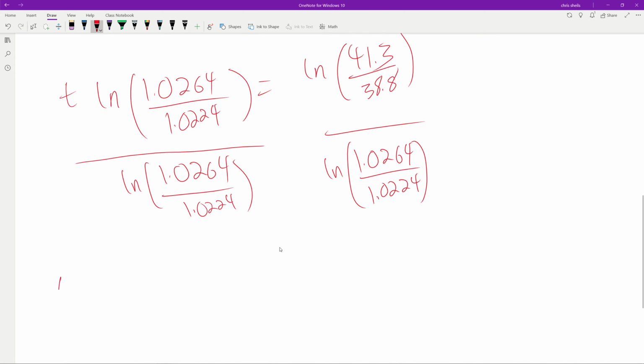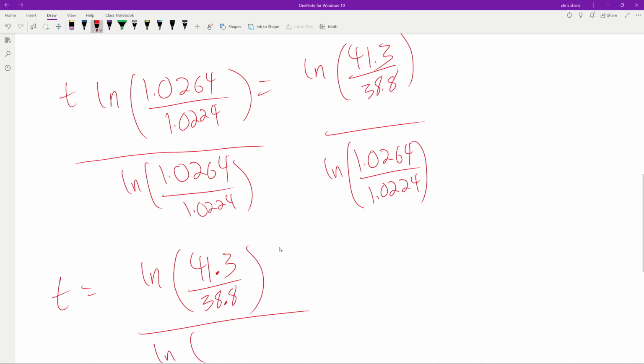And I get that t is natural log of 41.3 over 38.8 divided by natural log of 1.0264 over 1.0224.